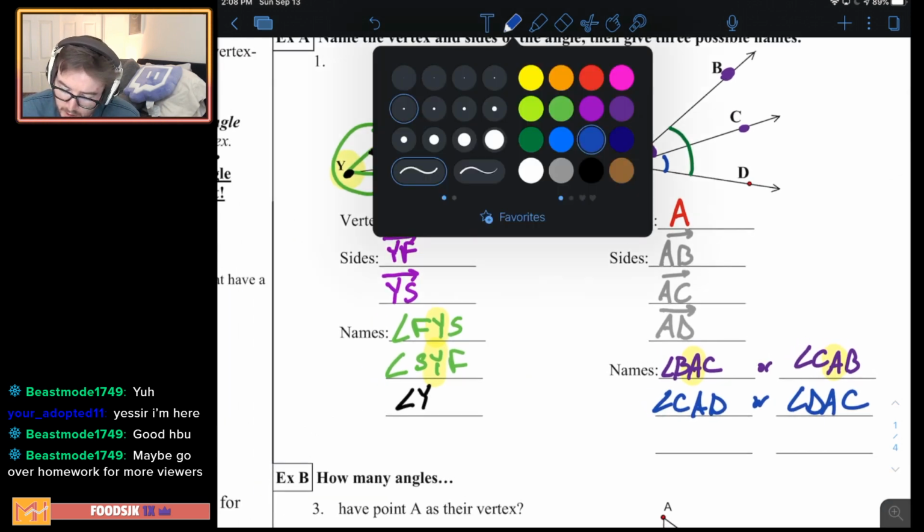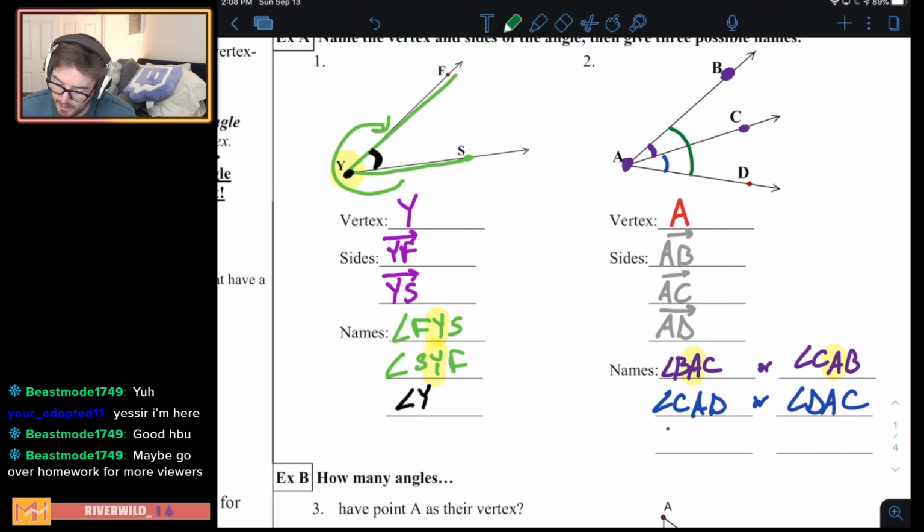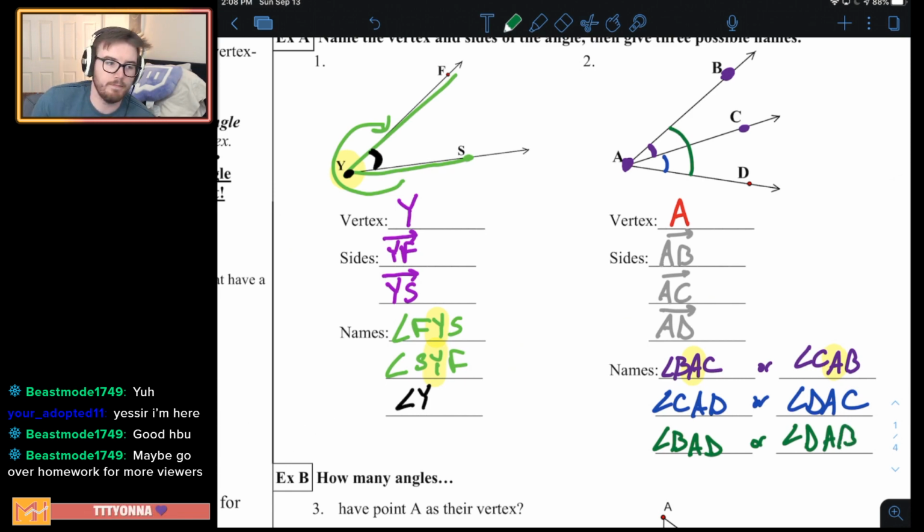And lastly, for the green angle, I would call it angle BAD or angle DAB. Again, it doesn't matter which order you choose to go around it, as long as that vertex is always going to be in the middle.